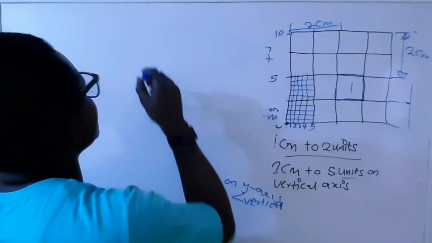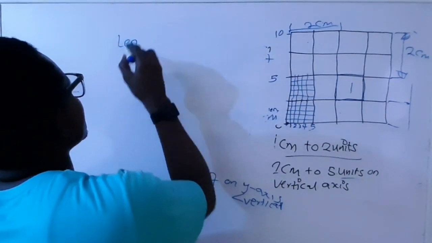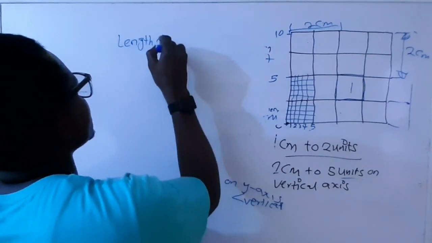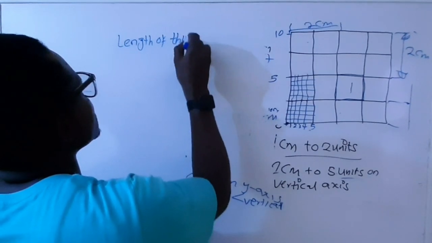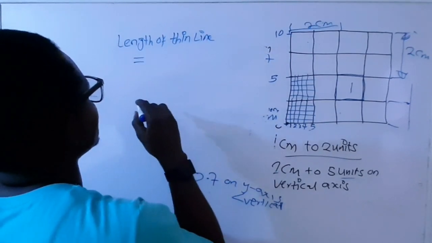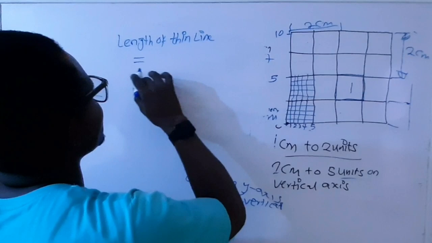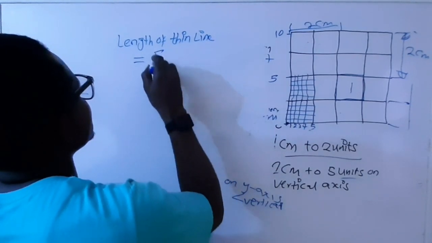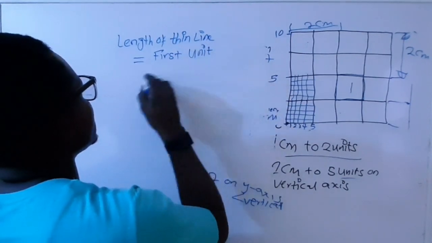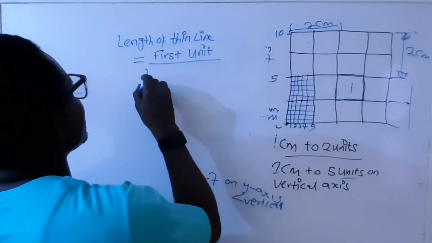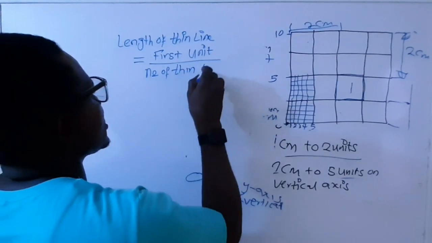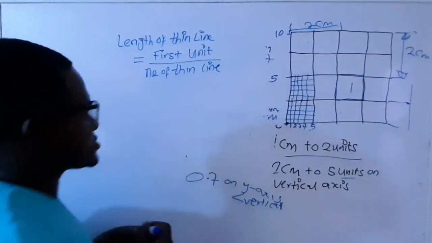Let's write: length of thin line is equal to first unit divided by number of thin lines. So now this is how you'll be able to know the length.